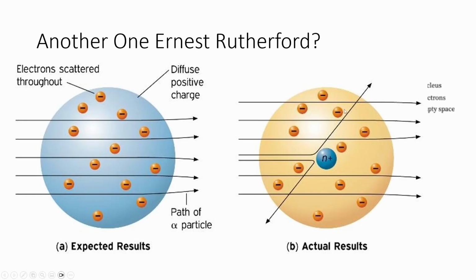But what he found through repetition was that when the beam would go through a certain section, they would bounce off to the side and come straight back. This was unexpected. So he thought that there must be something that is bouncing or deflecting the particles that are being shot.